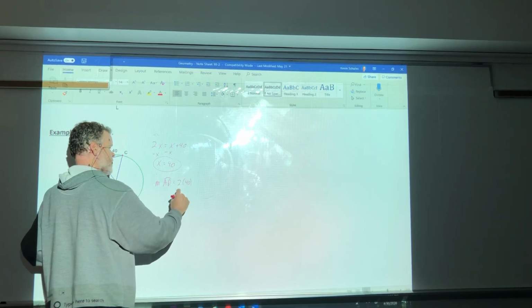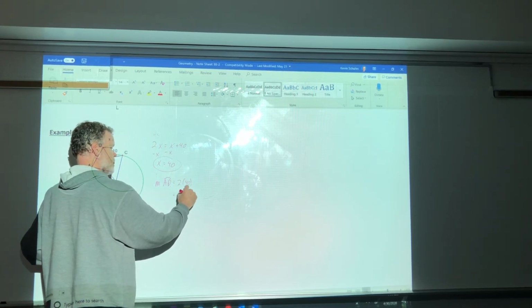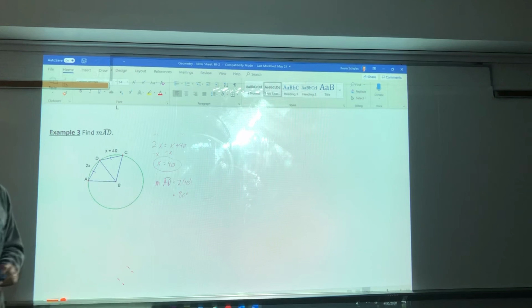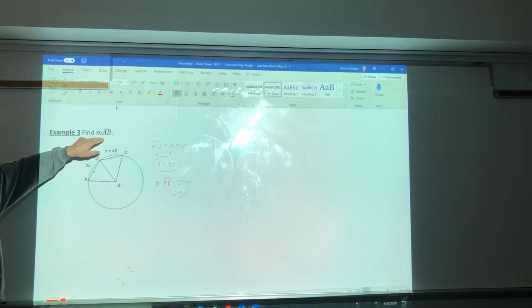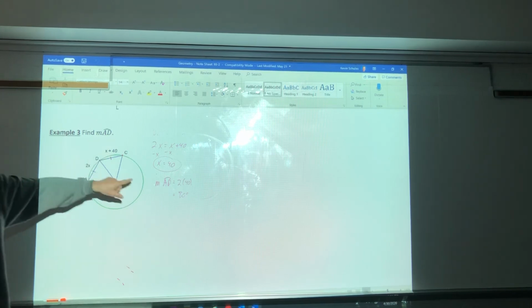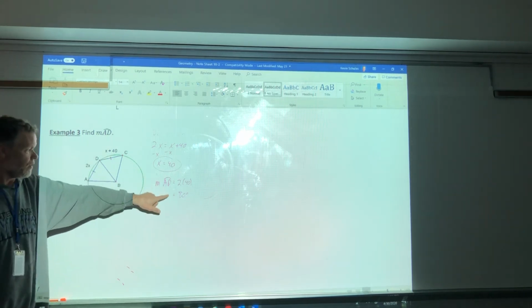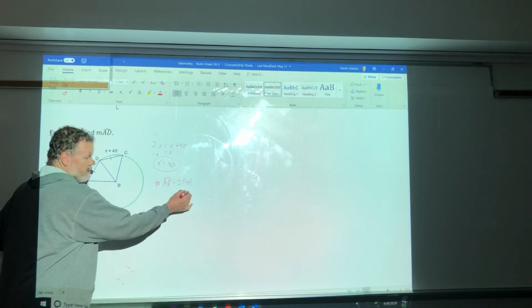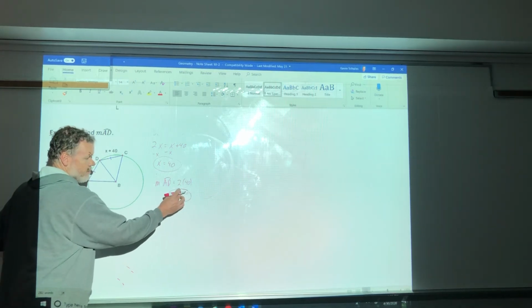So the measure of AD is going to equal 80 degrees. The measure of arc AD equals 80 degrees. Okay? So again, always look back. Make sure that you know they're finding not only x, but you also have to find a measure of AD. So we found x, but we also had to ultimately find a measure of AD right there.